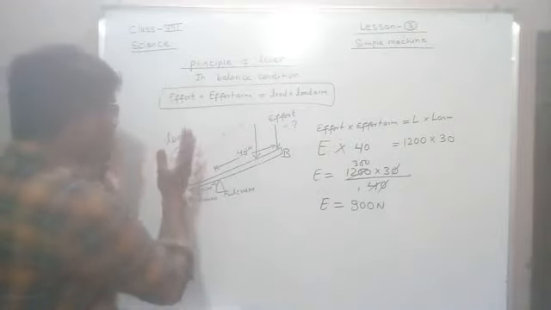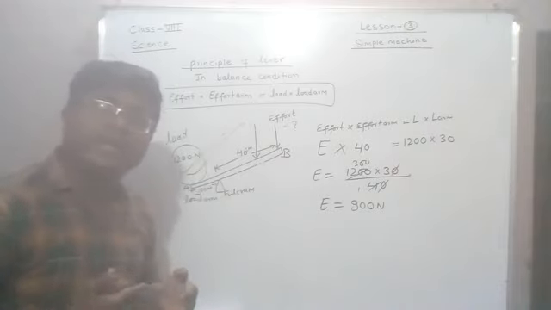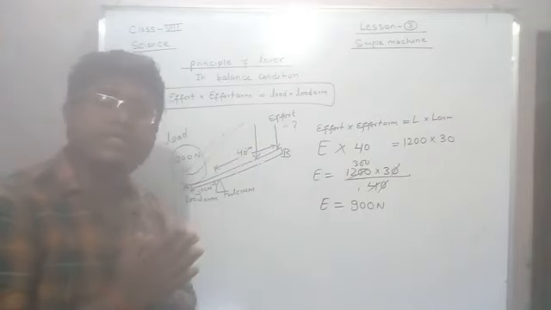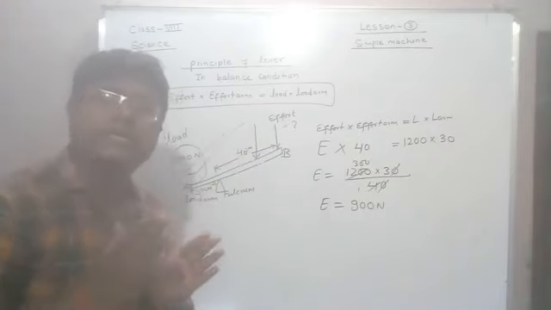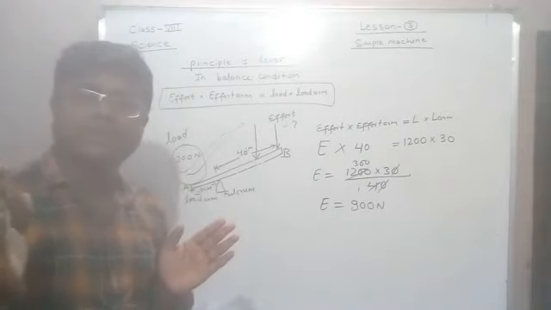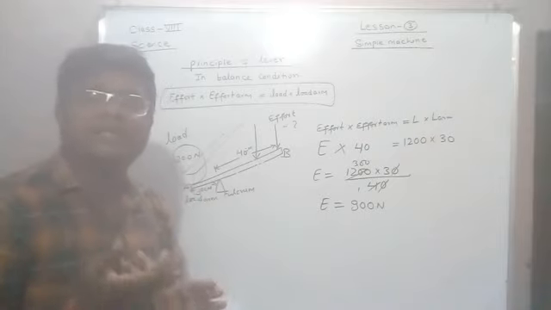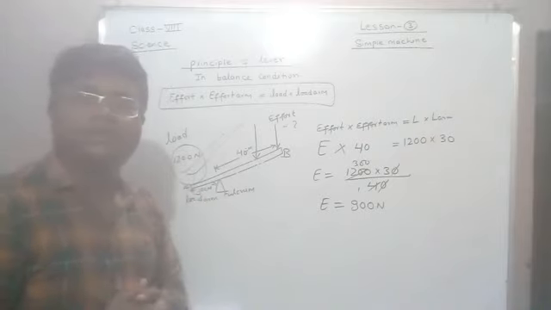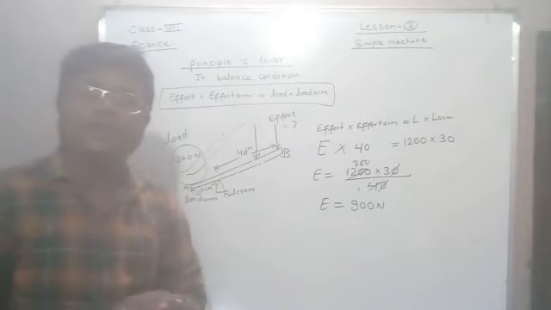So to lift the same load we may need more effort if we decrease the effort arm. But if we increase the effort arm and decrease the load arm, then with less effort we can lift heavier load. I hope you are clear in this type of question.